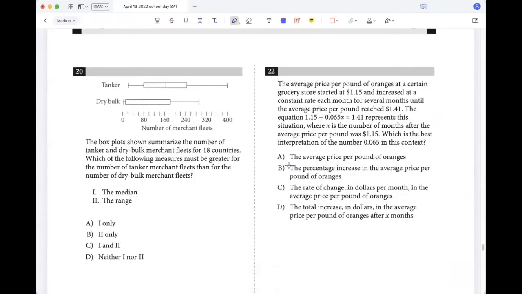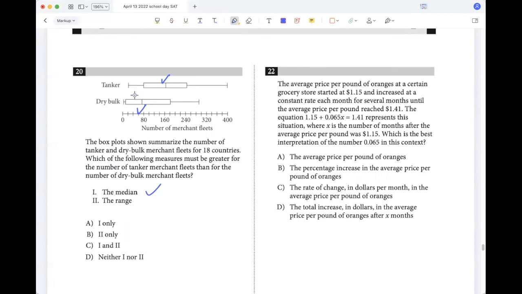The box plots shown summarize the number of tanker and dry bulk merchant fleets for 18 countries. Which of the following measures must be greater for the number of tanker merchant fleets than for the number of dry bulk merchant fleets? Okay, so median for tanker is definitely greater than for dry bulk because this value is about 160 and this value is 80. So median is true.